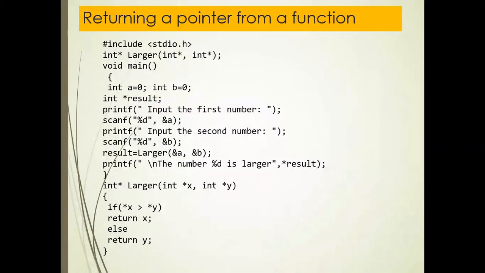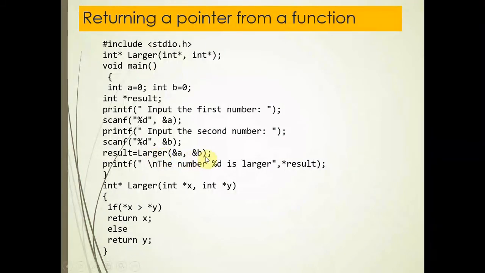Now when you execute this program, it will prompt to input the first number, you have to enter the value, then it will prompt to enter the second number, you have to enter the value of b. Now here I am calling the function, result equals larger, the function name is larger.